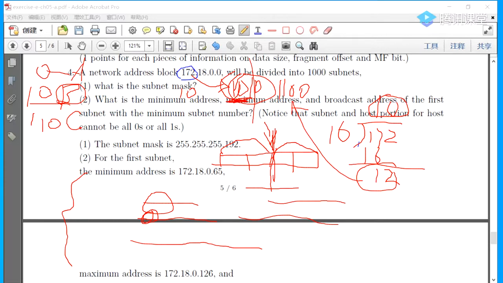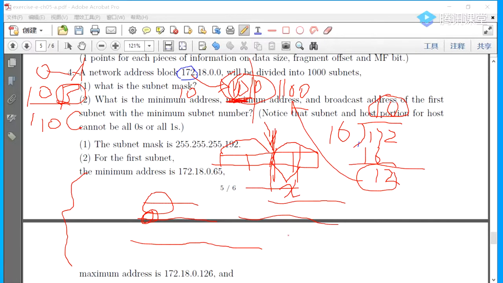Then subnetting borrows some bits from the host portion. We assume that we borrowed X bits from the host portion.